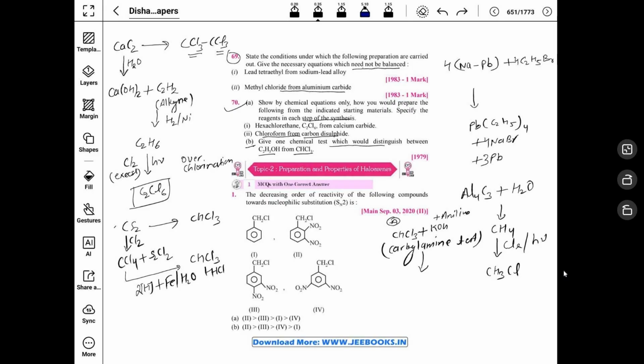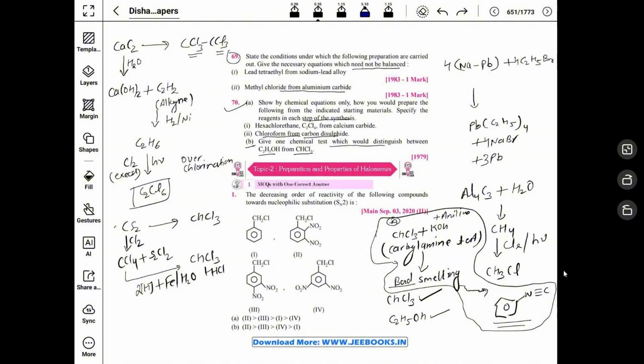If you get a bad smelling compound, then you can clearly say that it is chloroform. But if you don't see any bad smell, then it will be ethanol, because the bad smell comes from the formation of isocyanide when you have chloroform in the reaction mixture. But ethanol will not give this test.